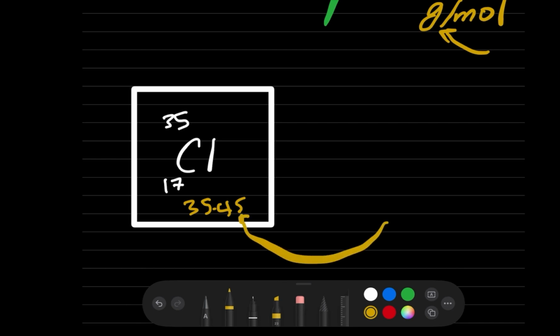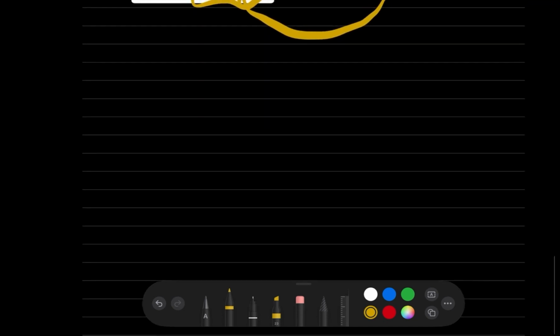So this number here is the atomic mass, and it equals 35.45 gram per mole. So if you go to the periodic table, we're going to have the atomic masses for all of the elements. But how can I calculate the molar mass for, let's say, NaCl?